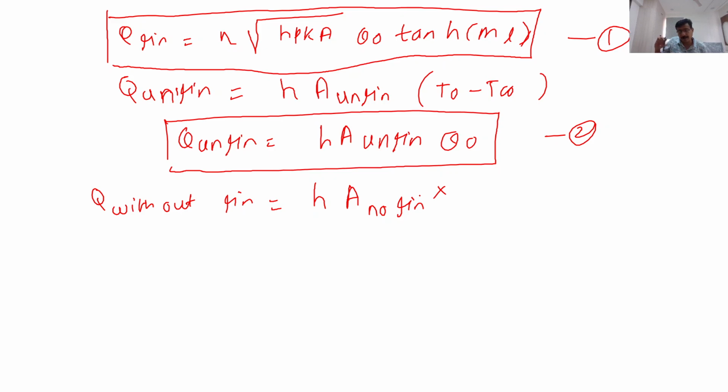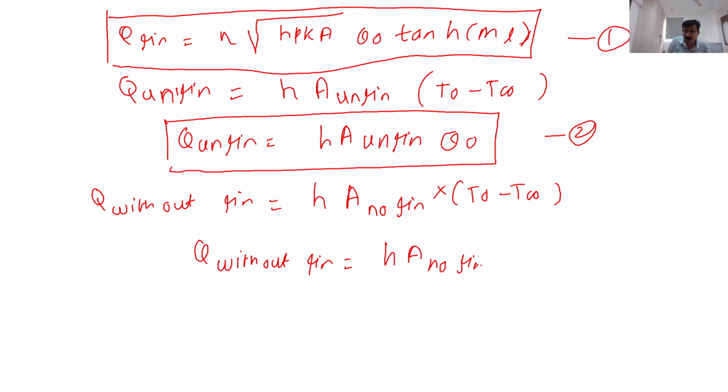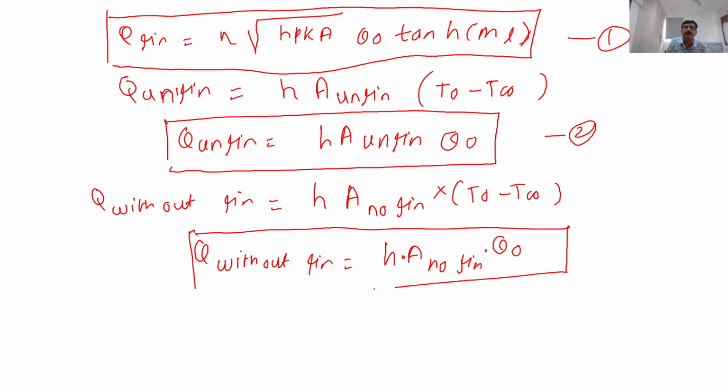So what is the temperature difference with surrounding for the base? Again it is T0 minus T infinity. So Q without fin formula is H A no fin, the formula of A no fin is already known, and this is theta 0. So this is the formula for Q without fin.